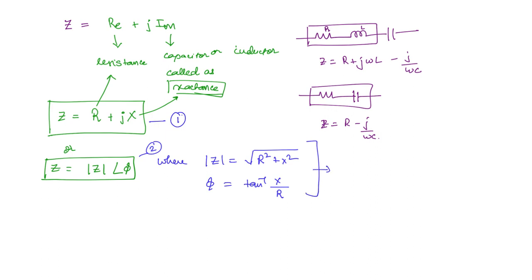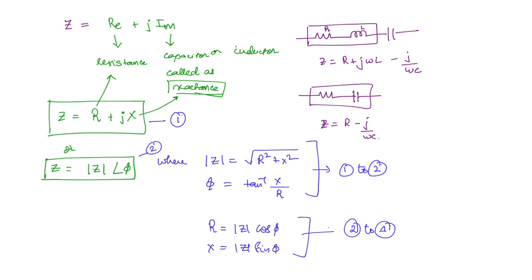So this is the conversion from form 1 to 2. Now we want from 2 to 1, that means form 2 is given, how to get form 1. Here R is equal to mod Z cos φ and X is equal to mod Z sin φ.